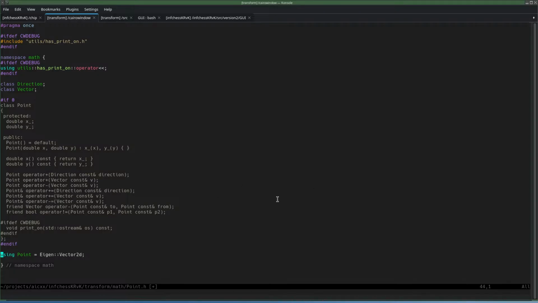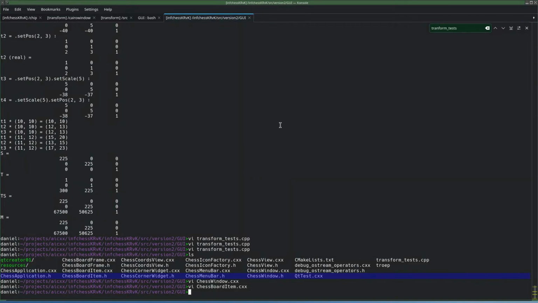Would be nice if I could remember a project that used Eigen already, and I do, obviously, but yeah, find that back. Find, let's hope that it is an AICxx, always easier.